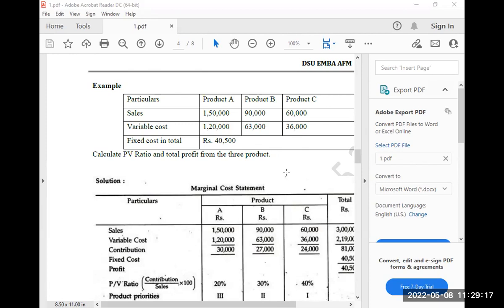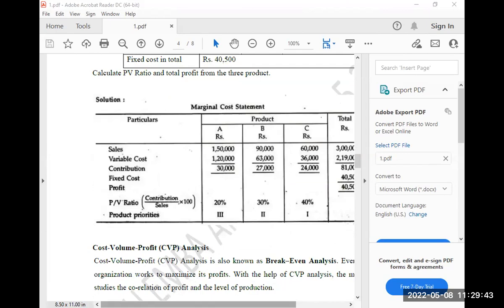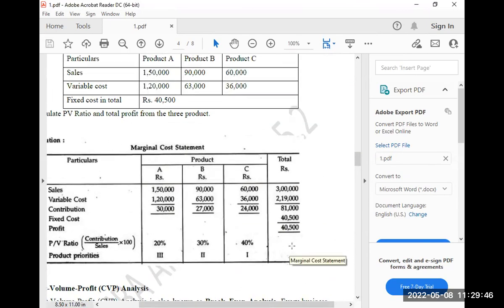Total contribution minus total fixed cost. So total contribution means 30,000 plus 27,000 plus 24,000 minus 40,500. 40,500 is the fixed cost. If that is the case, your profit from these three products is how much? Is it 40,500?